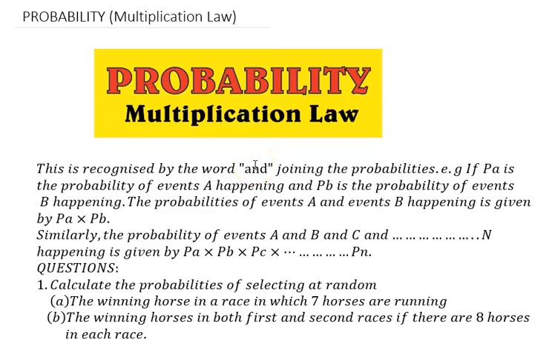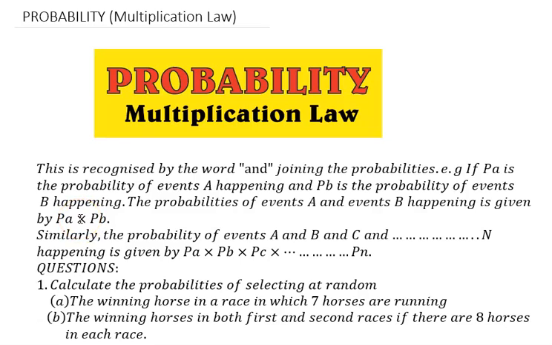If P(A) is the probability of event A happening and P(B) is the probability of event B happening, the probability of event A and event B happening is given by P(A) times P(B). That means whenever you see "and" in probability, they are asking you to multiply.